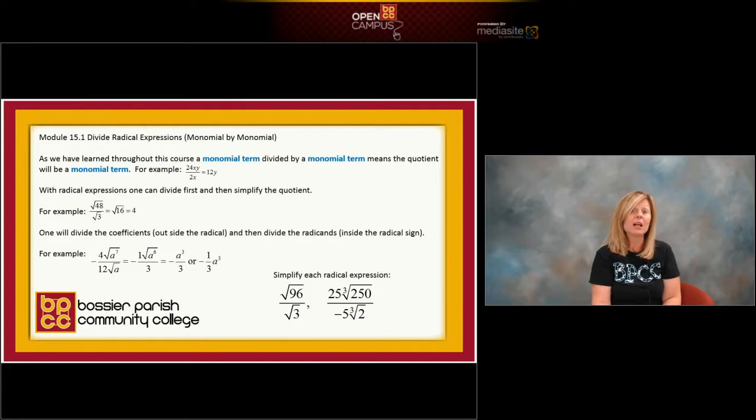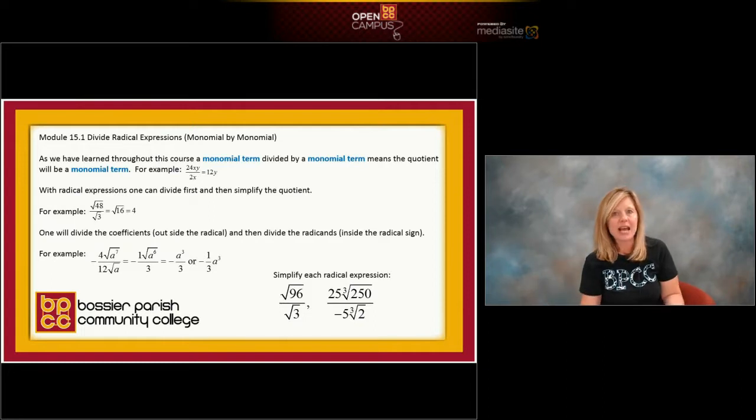Our second variable has an understood exponent of 1. So 7 minus 1 would be 6. So a to the 7th divided by a to the 1st would be a to the 6th. But that would still be inside the radical symbol. And because there's more a's in the numerator, that's why the square root of a to the 6th still is in the numerator. So now our expression is -1 square root a to the 6th over 3.